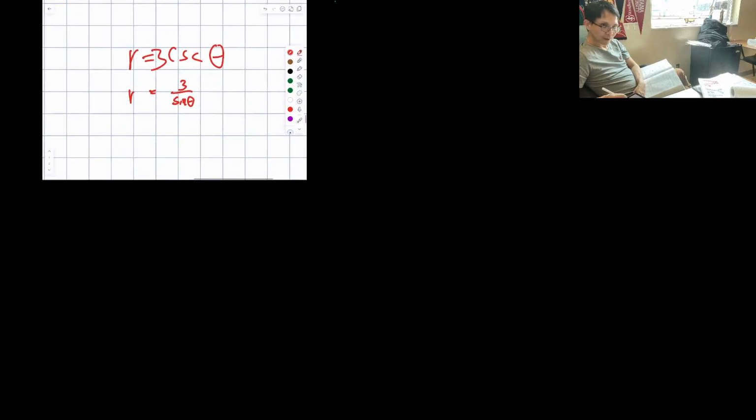But those equations don't have a cosecant, so that means cosecant must convert to what? What else can I do? Multiply by what? Sin theta. So what is r sin theta? What is this? y. So it's a straight line.